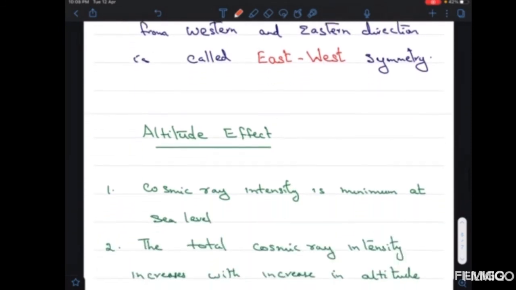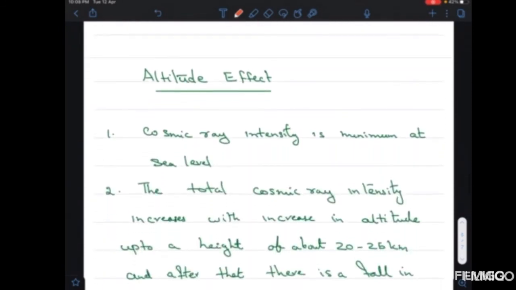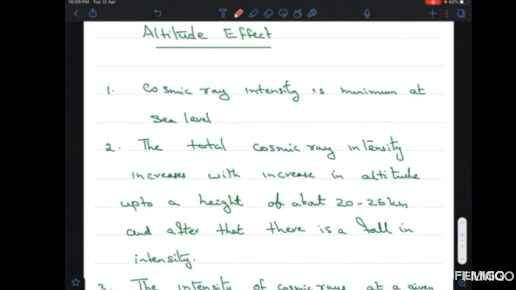Next, coming to the altitude effect. They have made 3 observations. One, the cosmic ray intensity is minimum at sea level. Secondly, the cosmic ray intensity increases with increasing altitude up to a height of 20 to 25 kilometers, and thereafter the intensity falls.